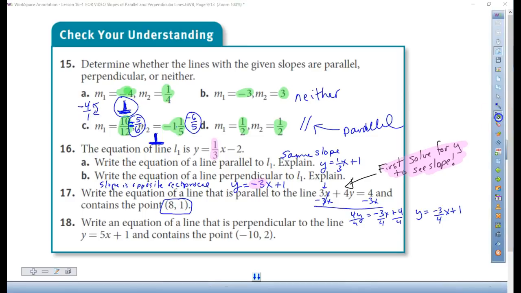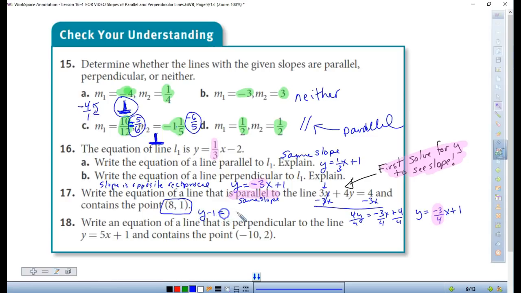Now we can see the slope. And we're supposed to be parallel to that, so same slope, through this point. So point slope form would be y minus 1 equals negative 3/4 times x minus 8. That's point slope form.